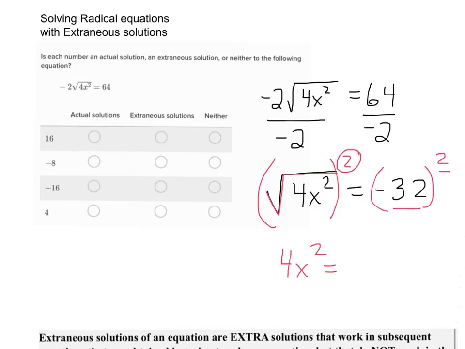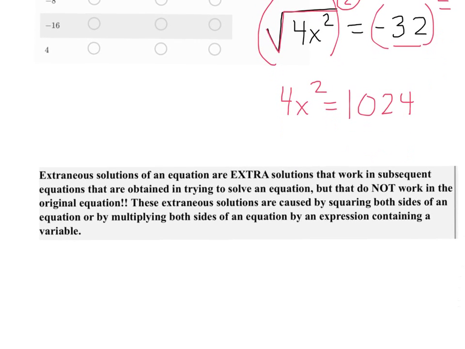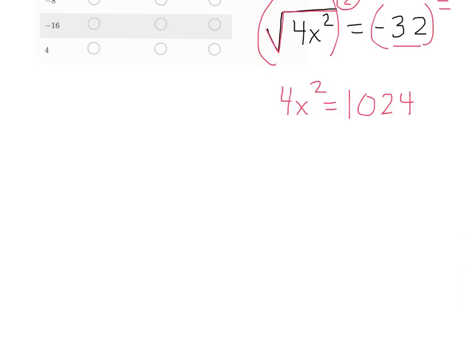I went to my calculator, typed in negative 32 squared, and got 1,024. Now to keep solving, I need to get rid of that 4, so I'm going to divide by 4 on both sides, and I have x squared equals 256.